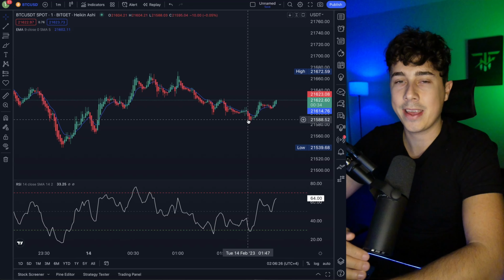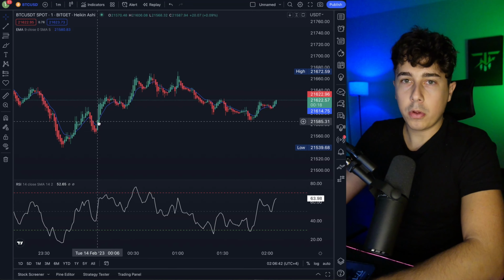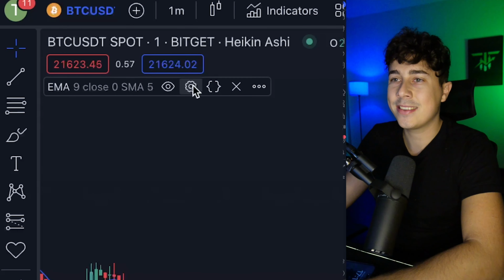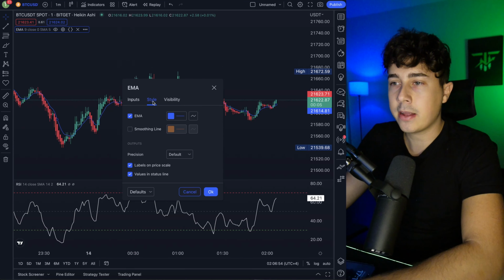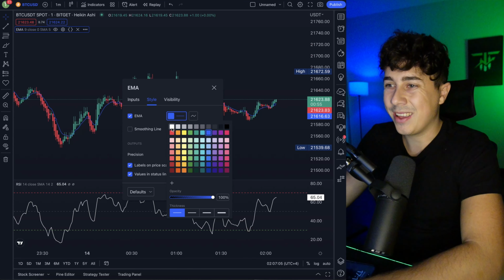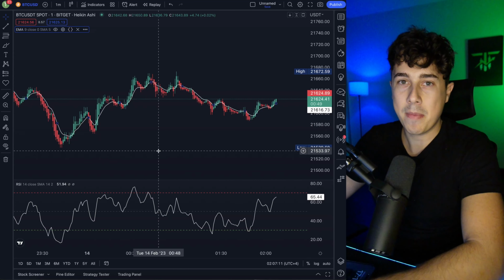It shows us like an average line how the chart is moving. We want to color this one again, so we go to the settings, to the style button, and there we can change our color. I'm going with a white color again so that it looks clean. I say OK, and now the EMA is finished.